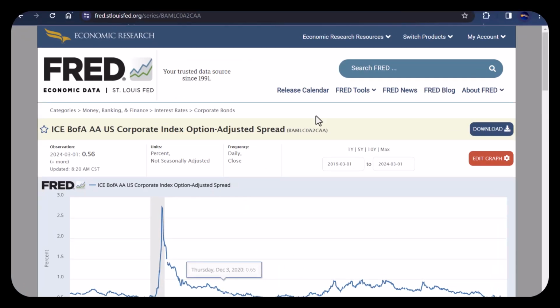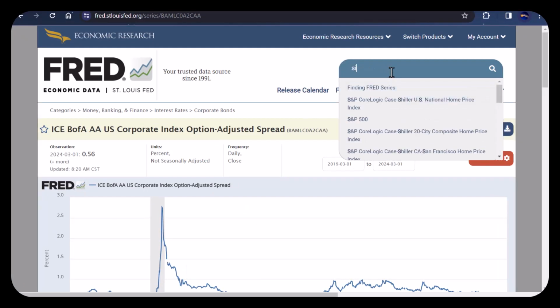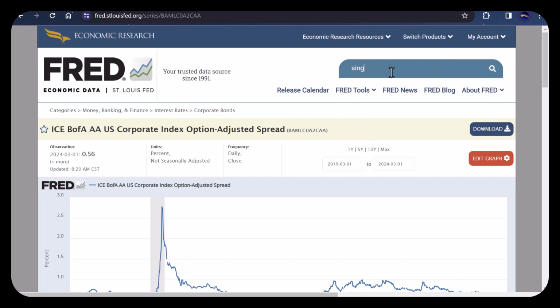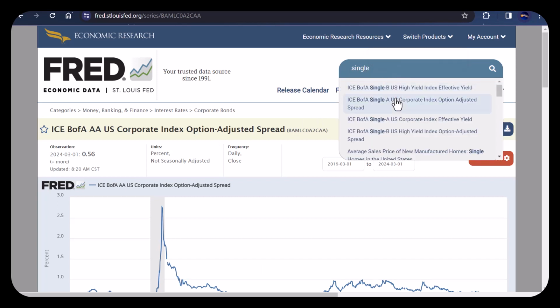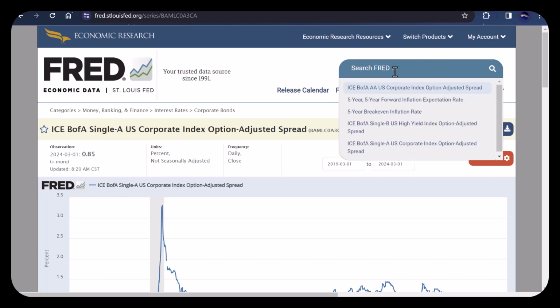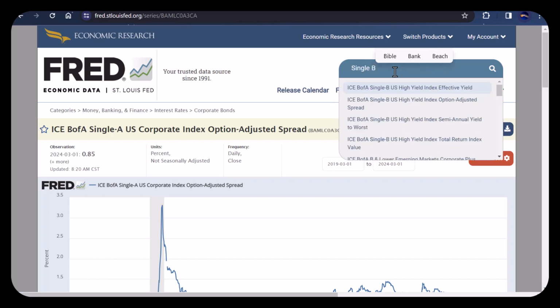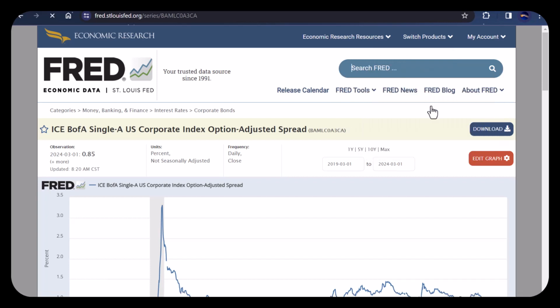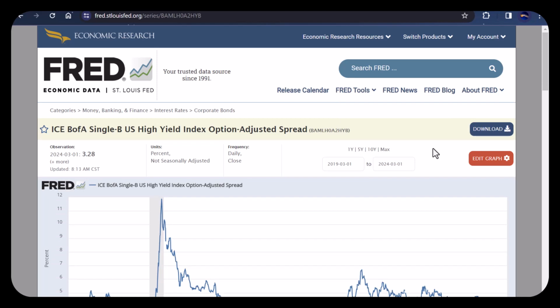If you want, for example, junk bonds, single B, really junk bonds, that's single A. I want single B, not single A, single B. That's 328.